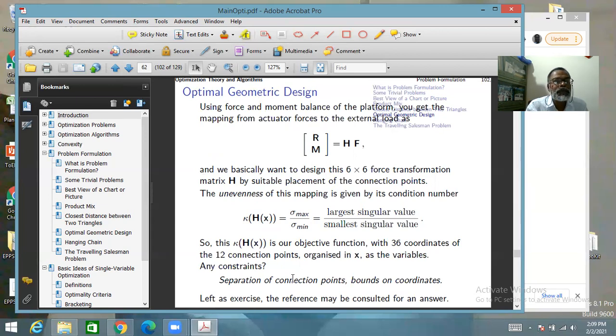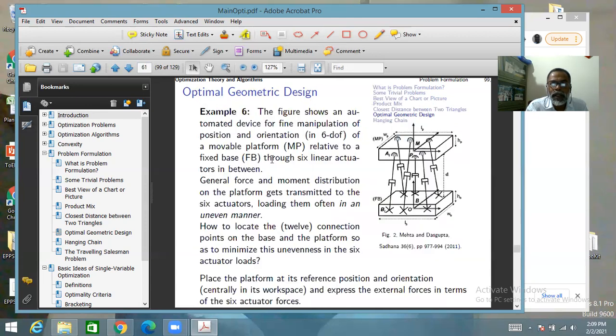Okay, so you do it and see how it comes out, and if you want to check your answers, you can consult the reference which was given here. Okay, Sadhana 2011, this is a journal, so this is actually from a published paper.